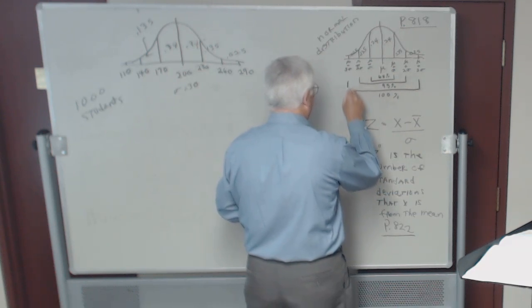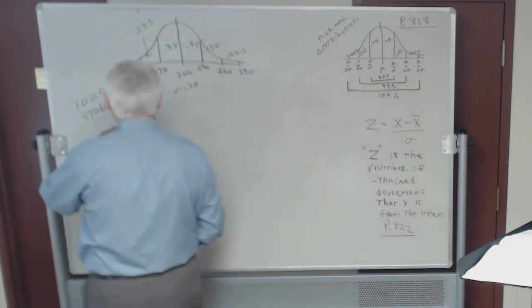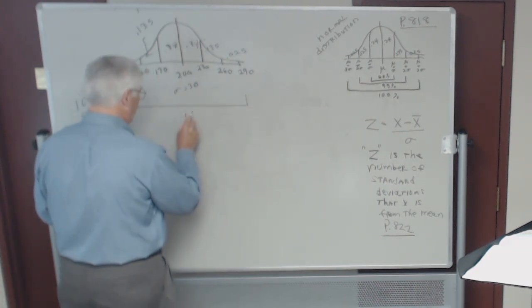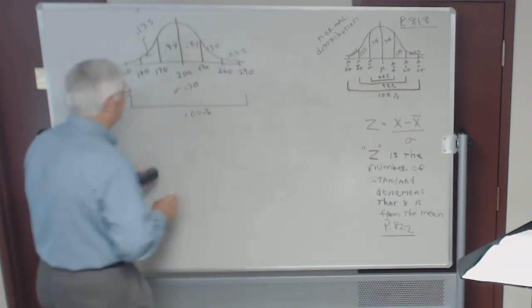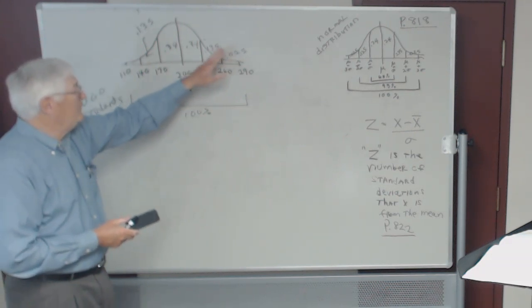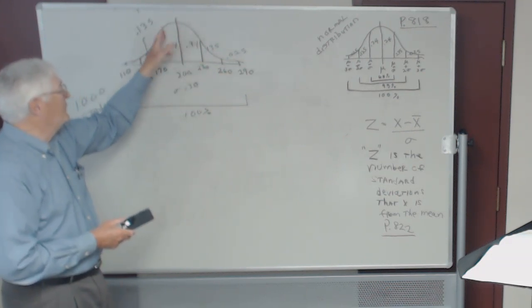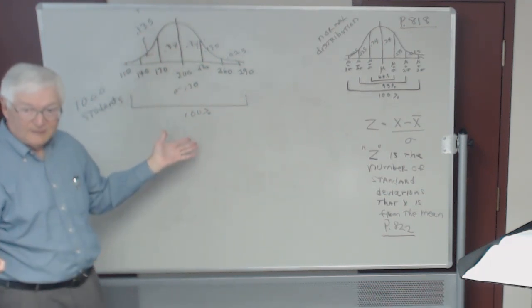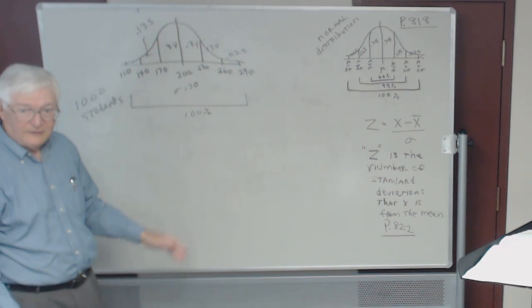From here to here. So what would that be? From here to here would be 100%, wouldn't it? Because if you add all these numbers up, 0.025, 0.135, 0.34, 0.34, 0.135, 0.025, it comes up to 100.